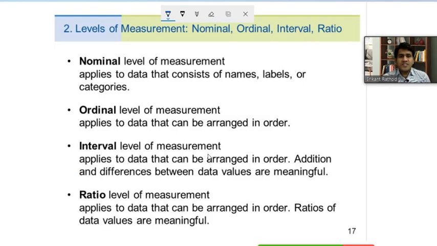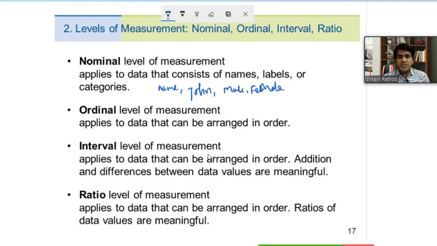Nominal applies to data that consists of names, labels, or categories. For example, a name like John, or labels like male, female. These are examples of nominal data.